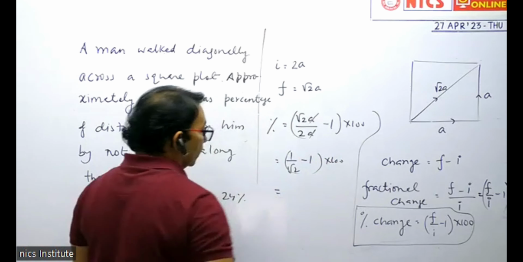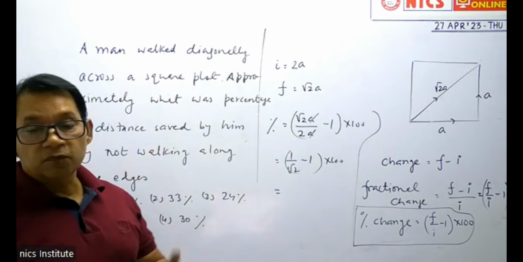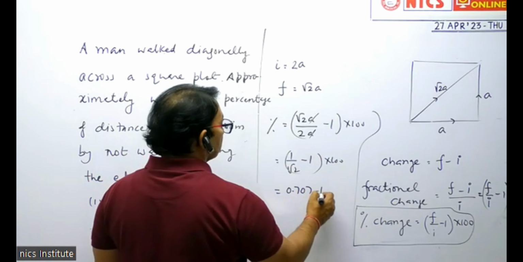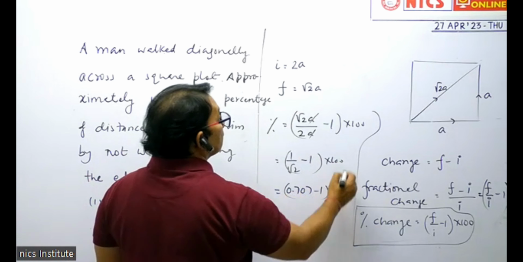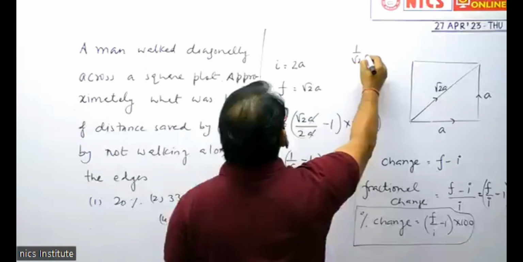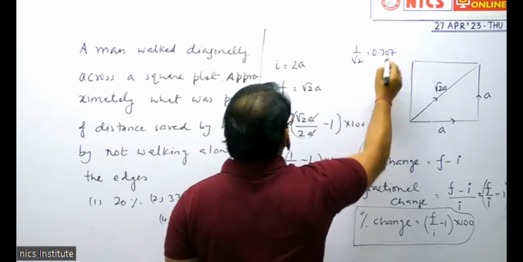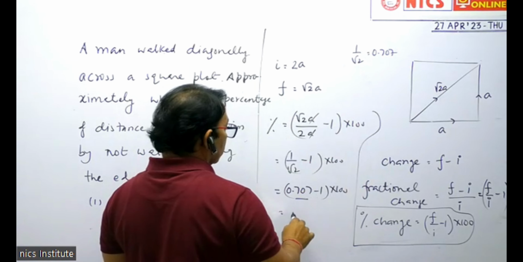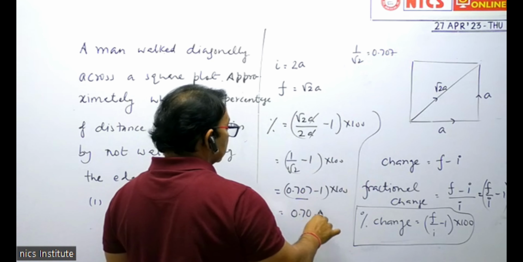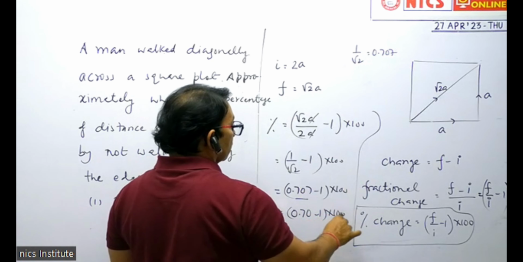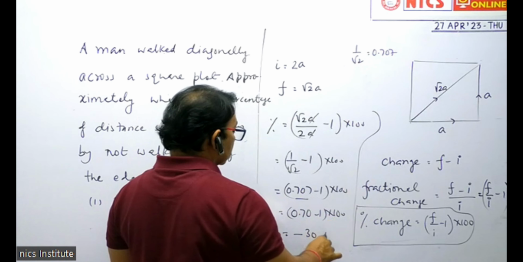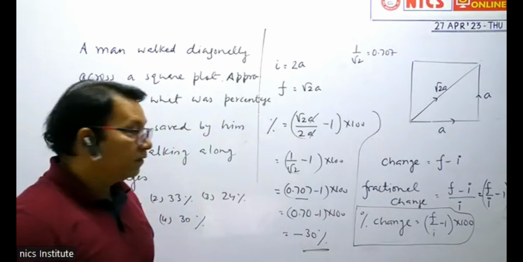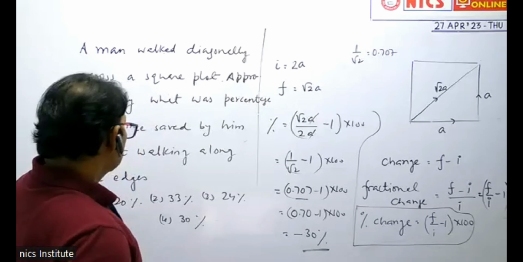You all know, thanks to AC circuits in physics, 1 by root 2 is always 0.707. Remember these results. 1 by root 2 is always 0.707. So if I round it off, taking just these two digits because the question says approximately, it is minus 30%. Minus over here signifies that he has saved the distance. So the answer would be 30%.